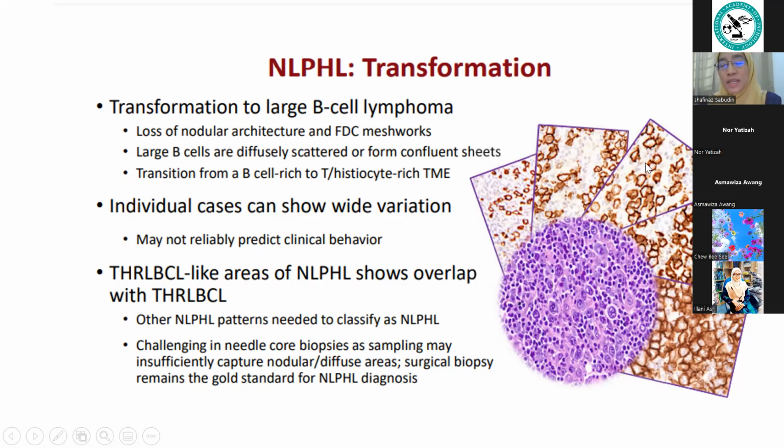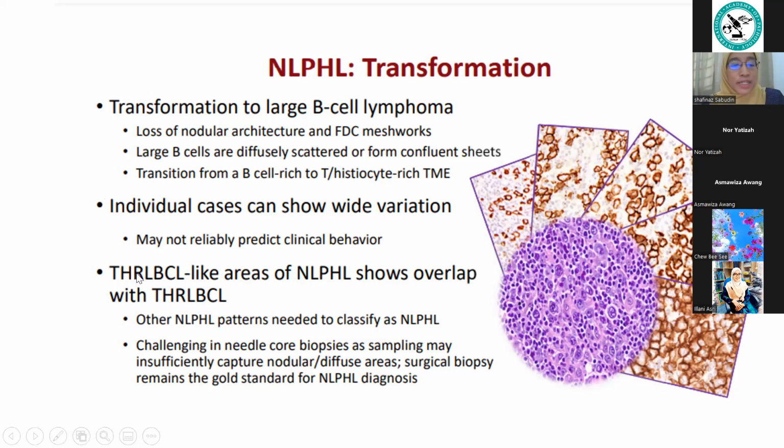And as it goes further down, you can see they are starting to form aggregates and solid sheets, which is characteristic of diffuse large B cell lymphoma. However, we have to bear in mind that individual cases can show wide variation, so this may not reliably predict the clinical behavior.